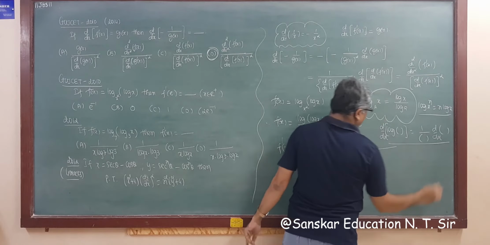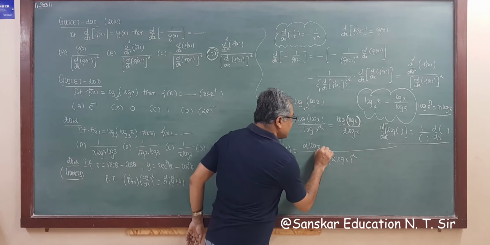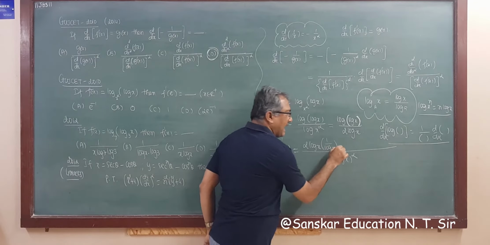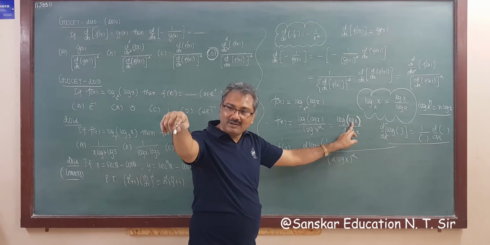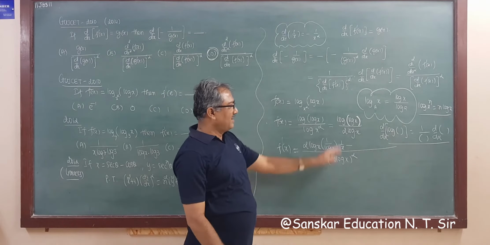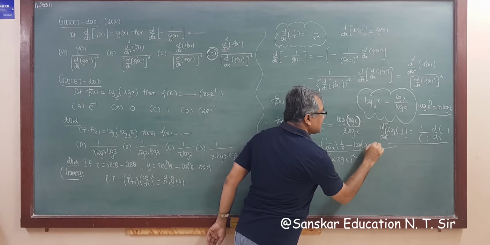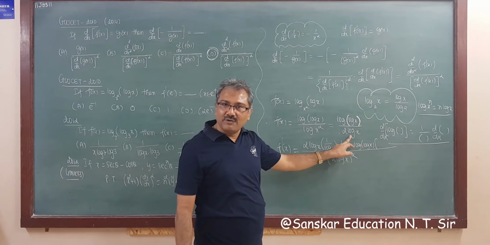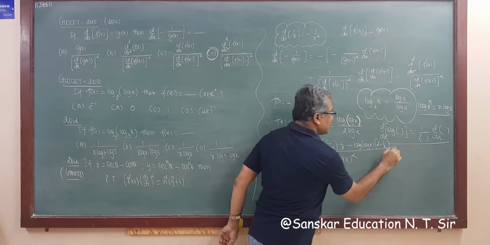So log of log x gives 1 upon log x and derivative of log x, that is 1 upon x. So this is 1 upon x minus log x as it is, and 2 is constant, derivative of log x is 1 upon x, so this is 2 into 1 upon x.